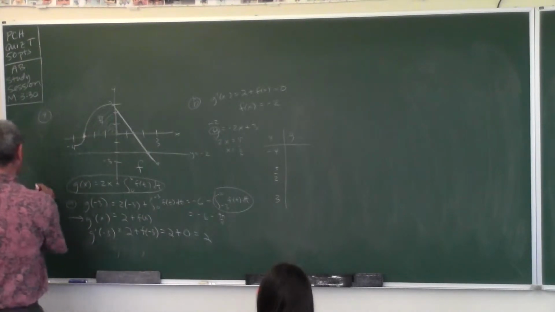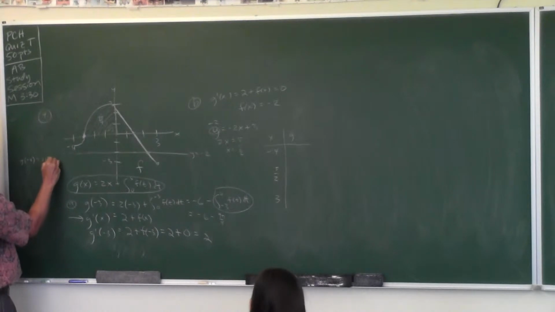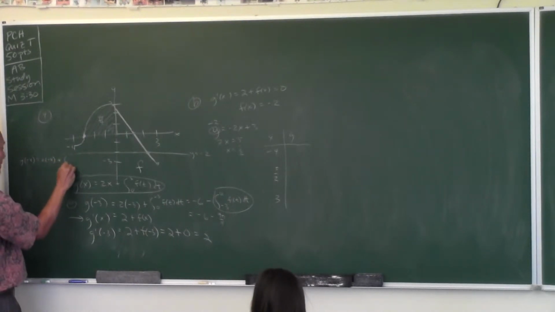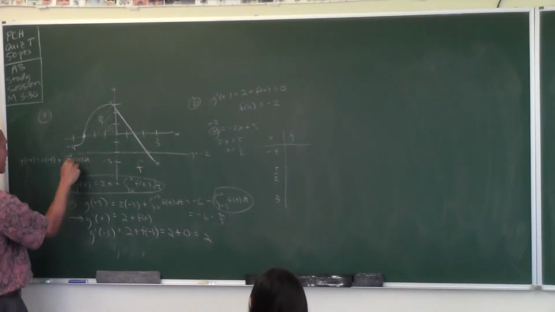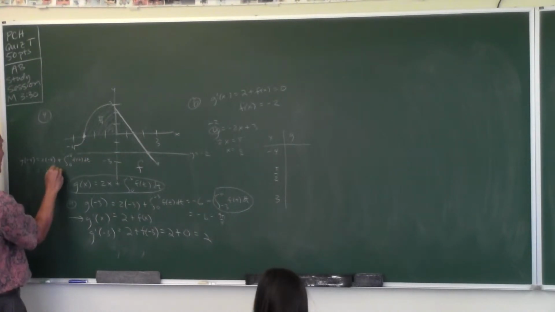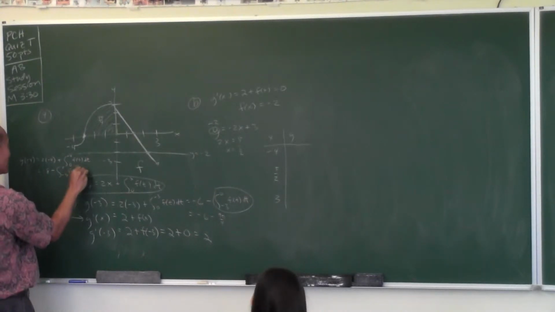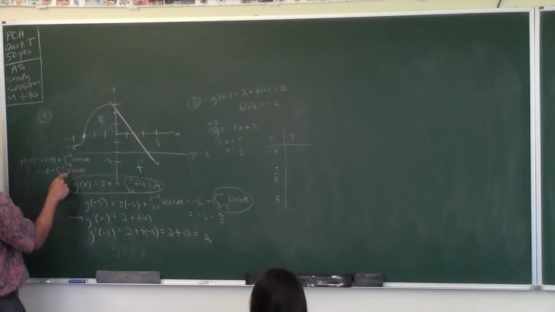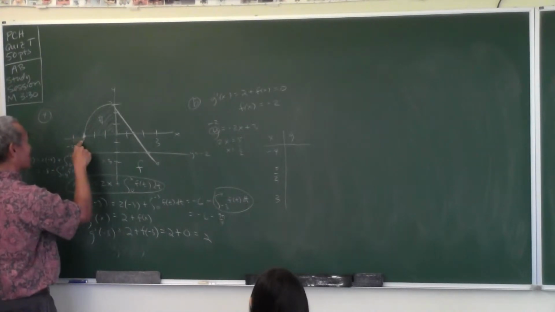G of -4 is equal to 2 times -4 plus the integral from 0 to -4 of f of t dt, but then the smaller number is on top, so you gotta switch the limits: -4 to 0 of f of t dt. So the integral is going to be this, but this one counts negative.